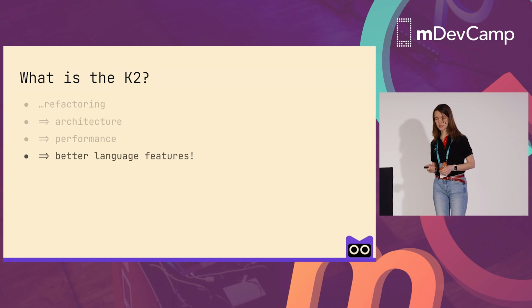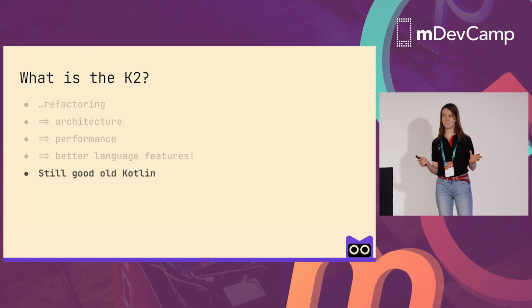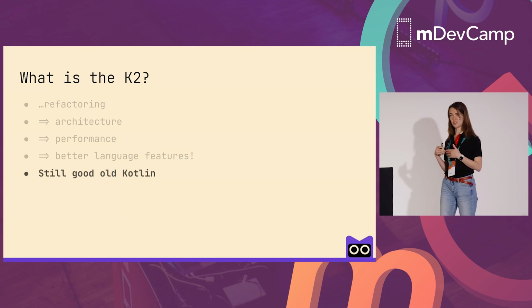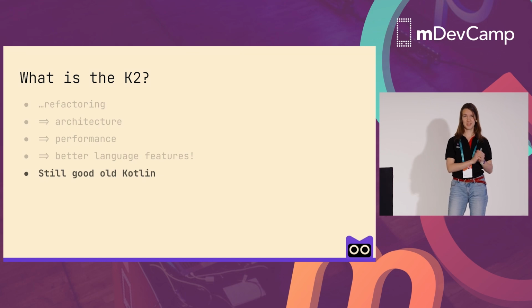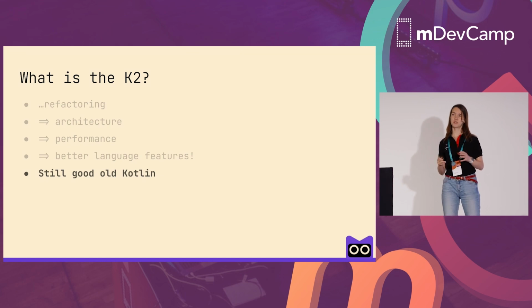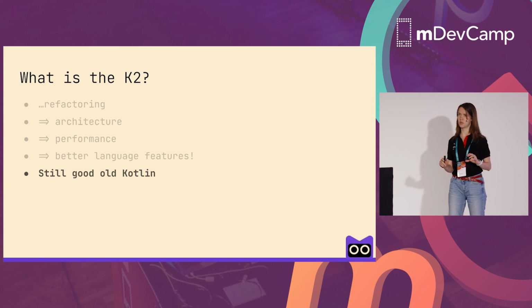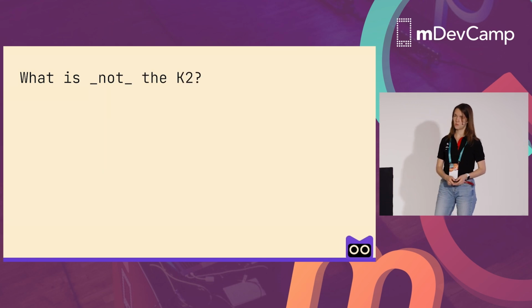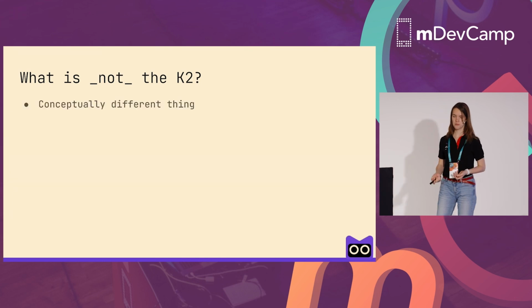At the same time, we wanted it to still be the good old Kotlin, because we're not like some other languages which release a new major version that is completely different from the previous one. Instead, we wanted to release a new language version, which is as stable as before, but more performant, a better one.